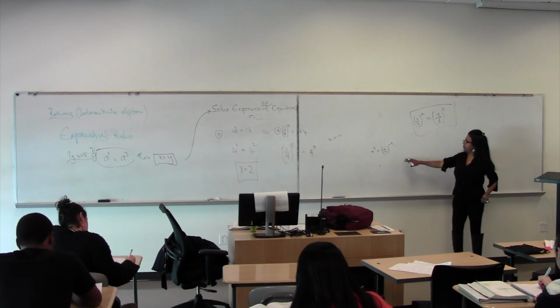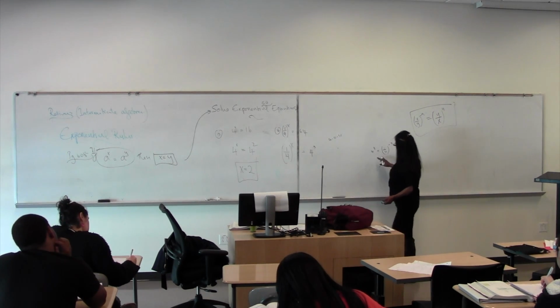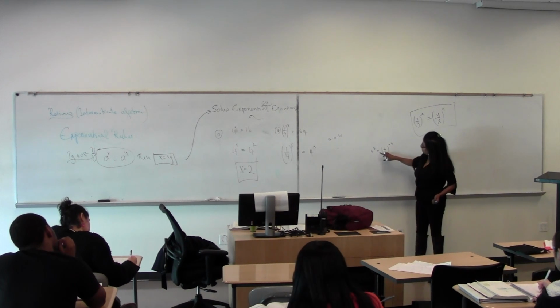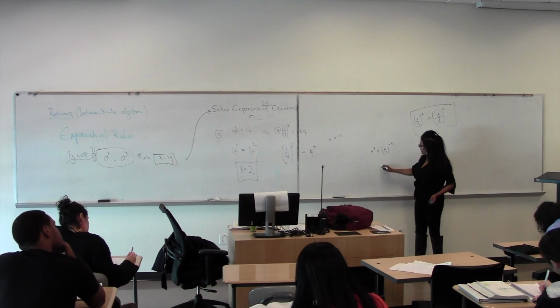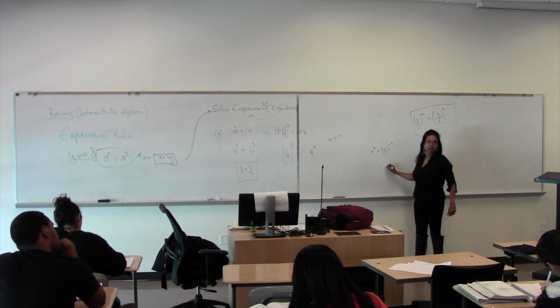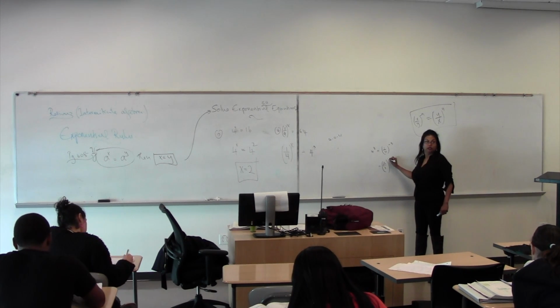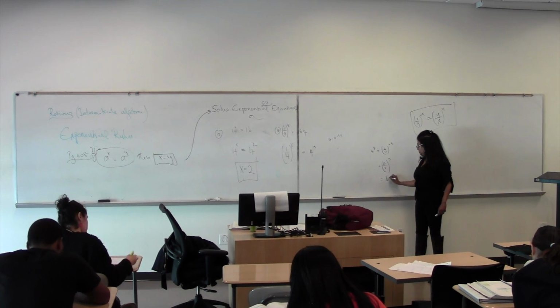So you're going to manipulate this 64 to look like 1/4 power. If I convert to 1/4 to the negative 3, how can I rewrite this? 4 over 1 to the what? 3. Positive 3, which is going to be 64.